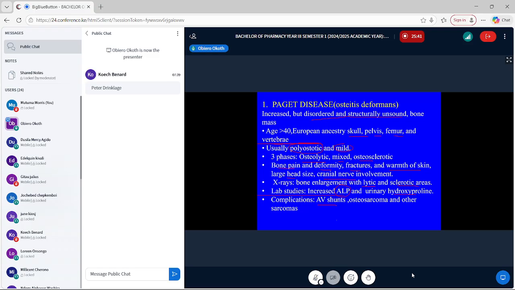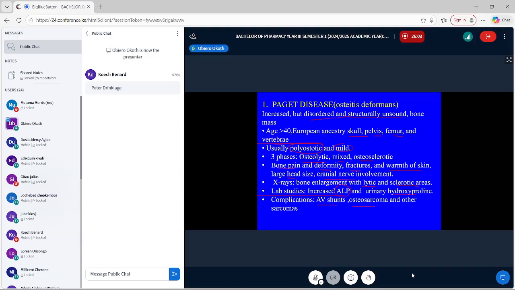But in this case, arteriovenous shunt means you are shunting blood directly from the arteries to the veins, and this gives you what we call a high output state. Okay, high output failure.